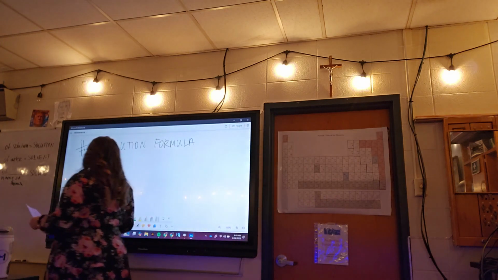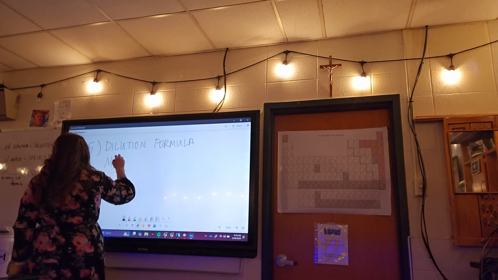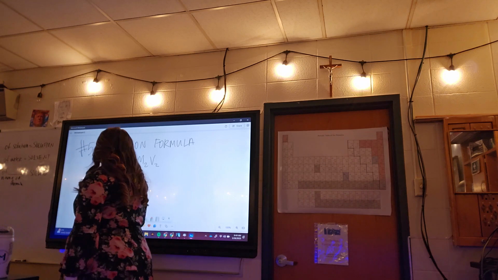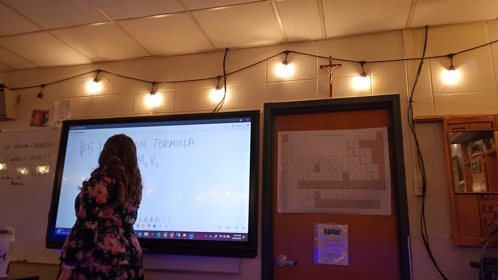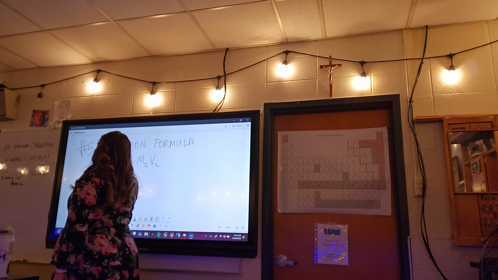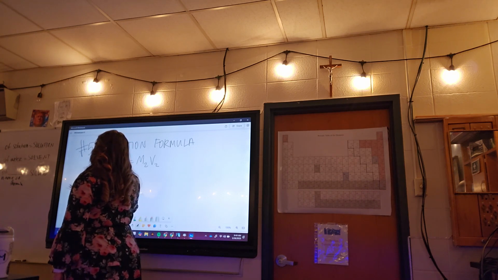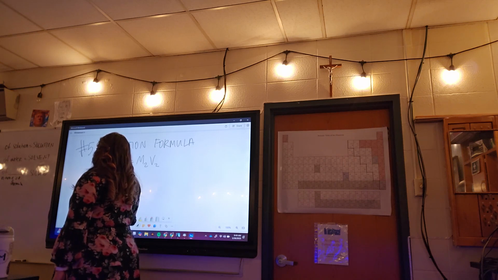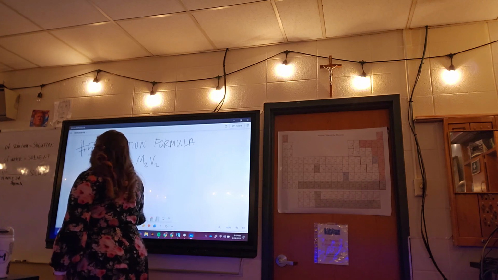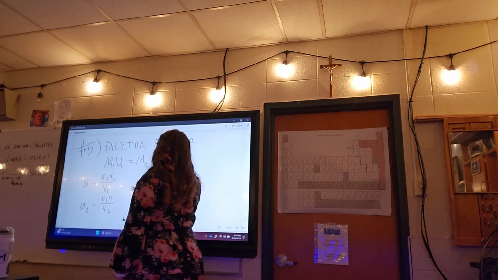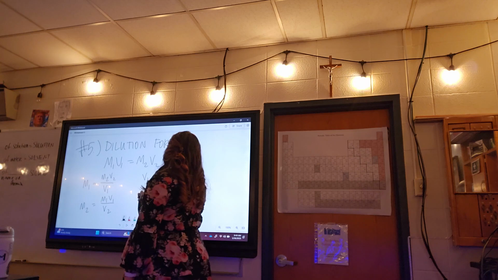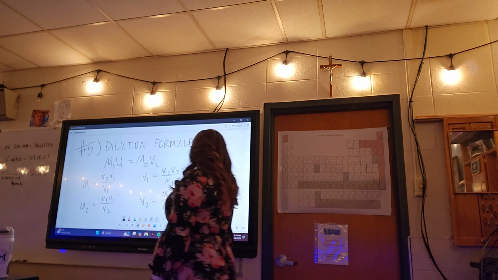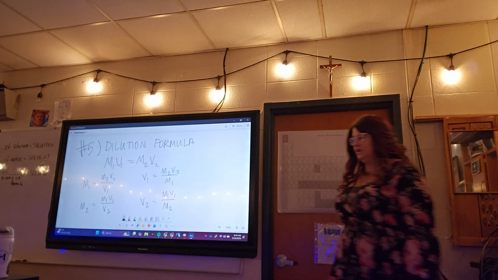The dilution formula looks almost exactly like the titration formula. And so I suppose I should solve it for you. Here's your algebra. This is nothing new.